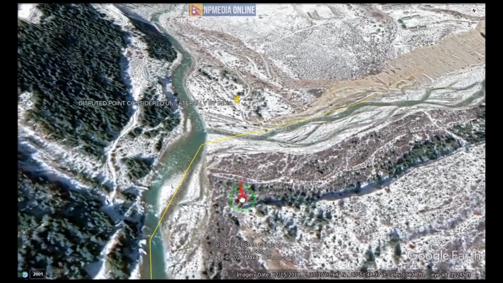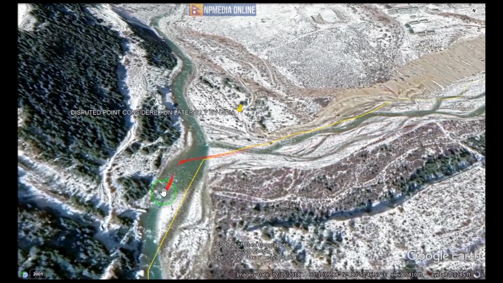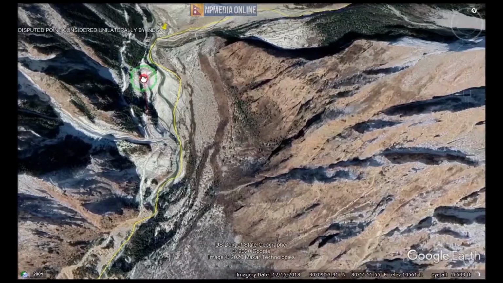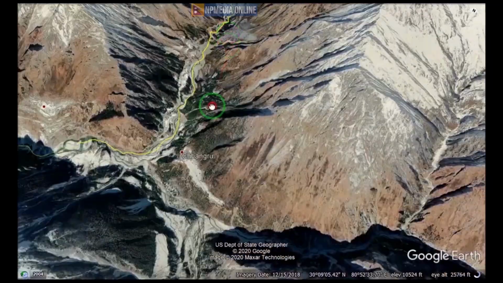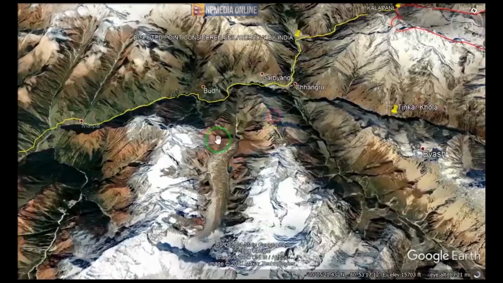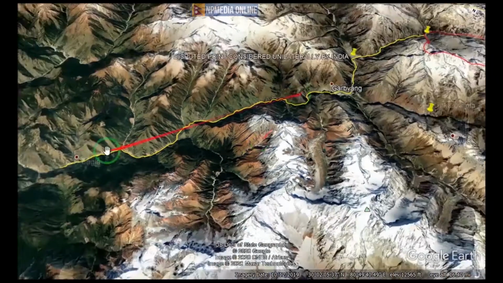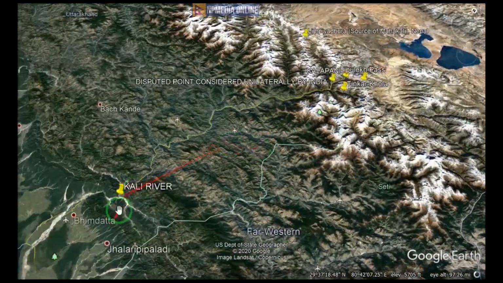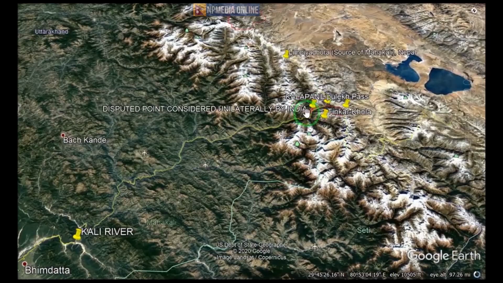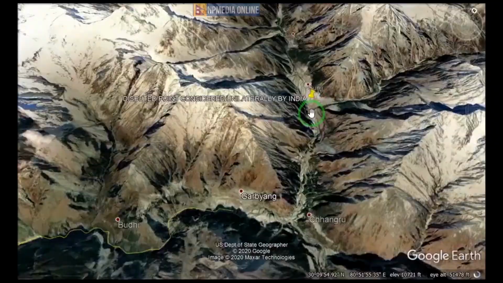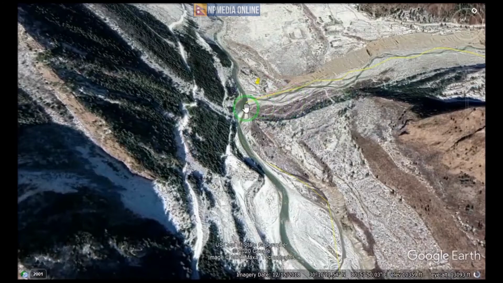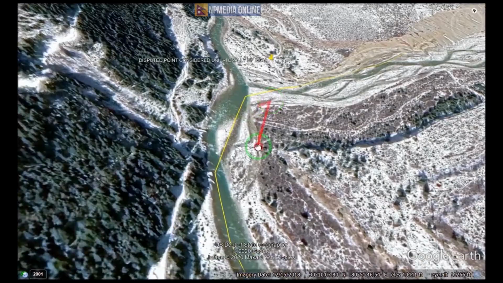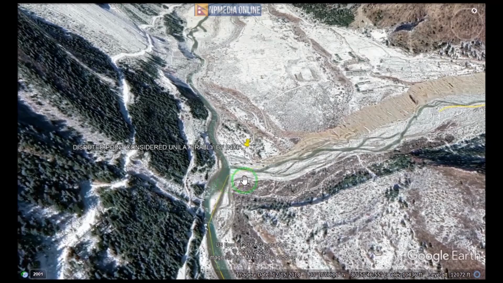But, India claims Brook E is the origin of the Kali River. Anyways, let's move further.